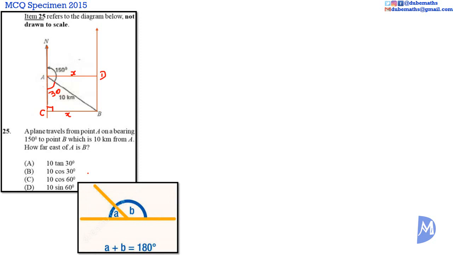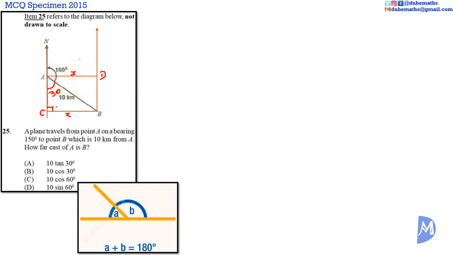This is a north-south line and this is an east-west line, so it forms a 90-degree angle. In this right angle triangle, we know that the hypotenuse is 10 kilometers. We know that this angle here is 30 degrees, because angles on a straight line are supplementary. We are asked to find the length of the opposite side of 30 degrees.